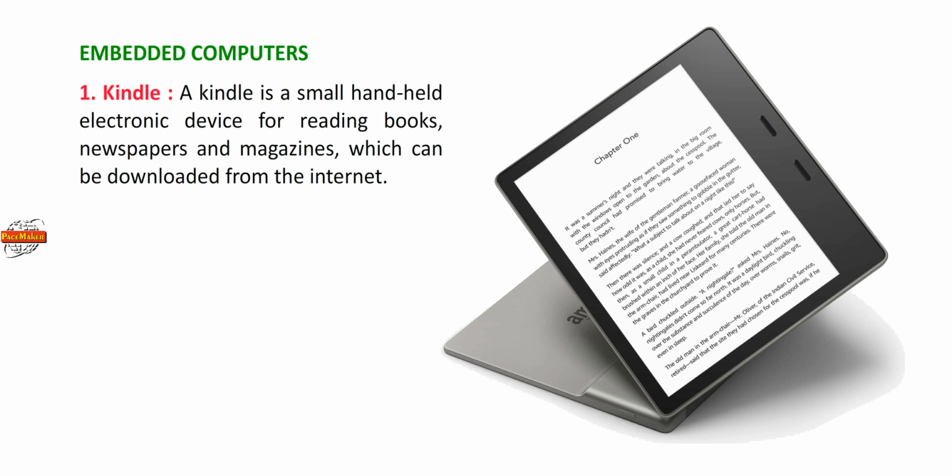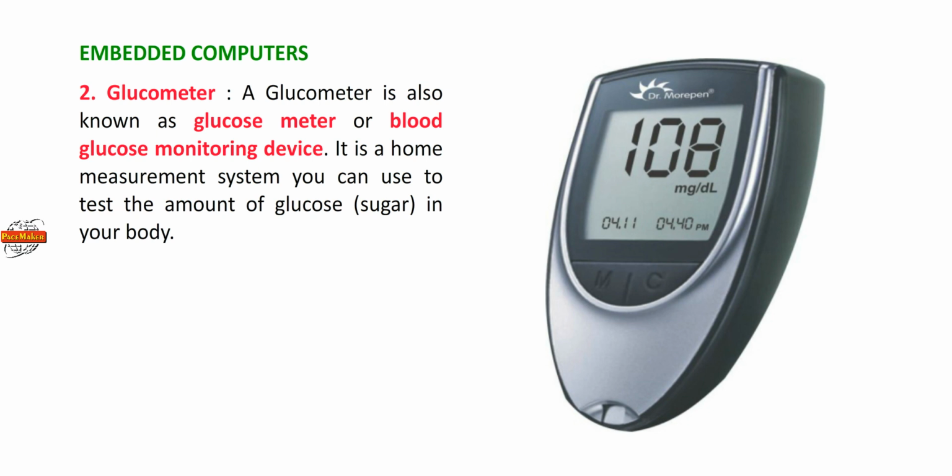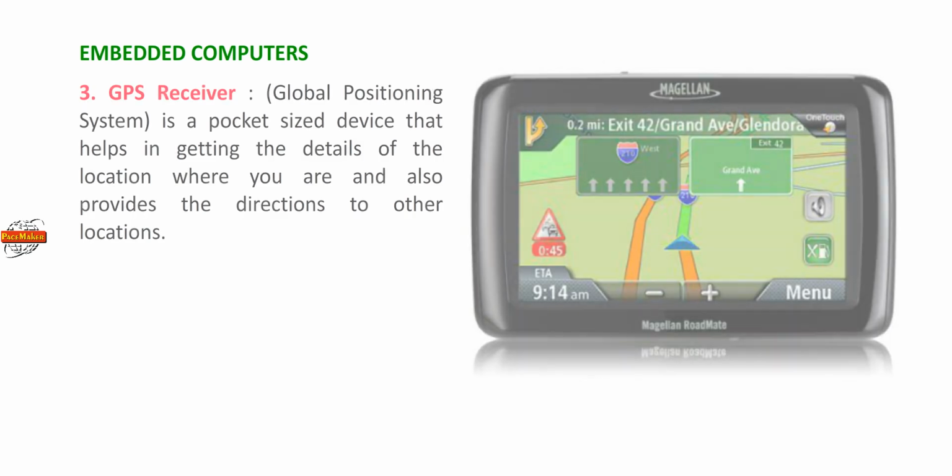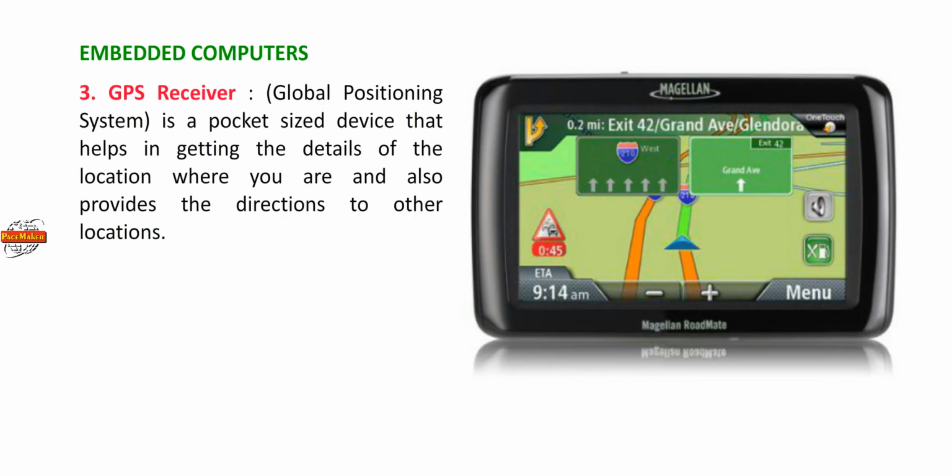Kindle. A Kindle is a small handheld electronic device for reading books, newspapers, and magazines which can be downloaded from the internet. Glucometer. A glucometer is also known as a glucose meter or blood glucose monitoring device. It is a home measurement system you can use to test the amount of glucose sugar in your body. GPS receiver.